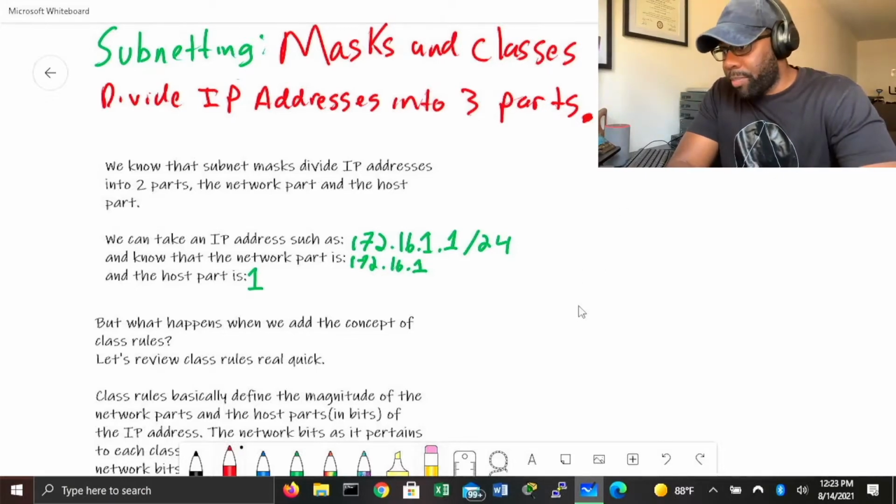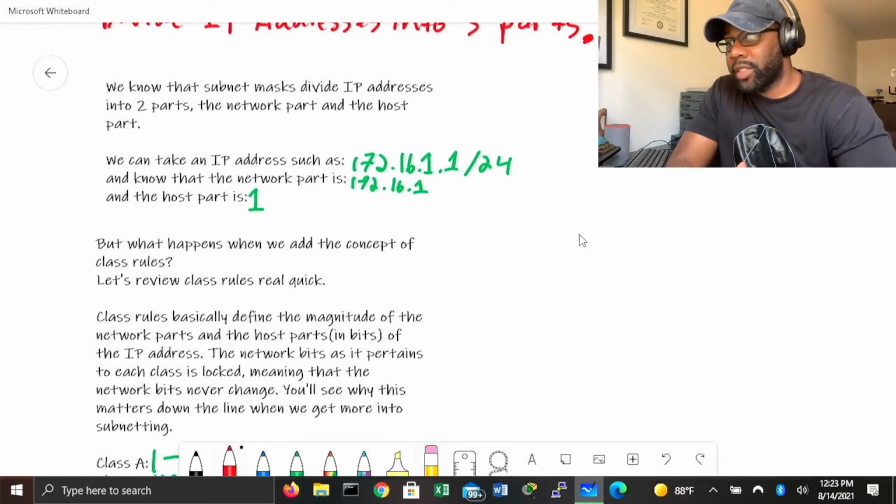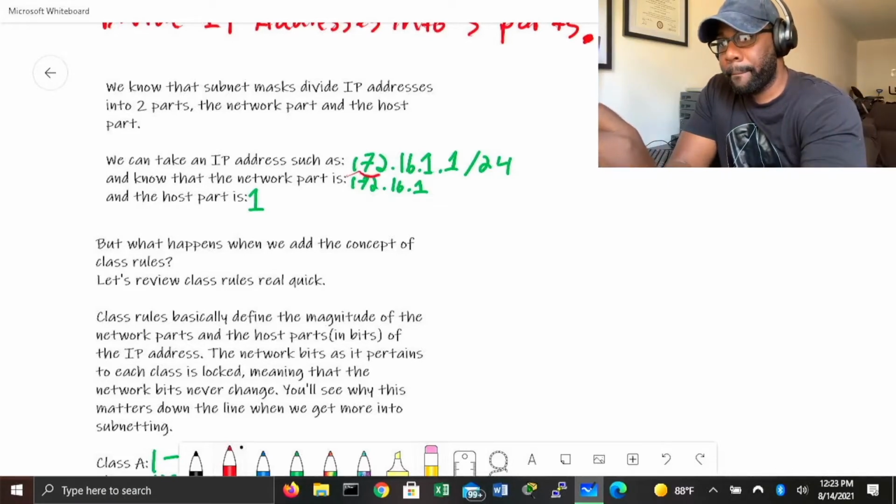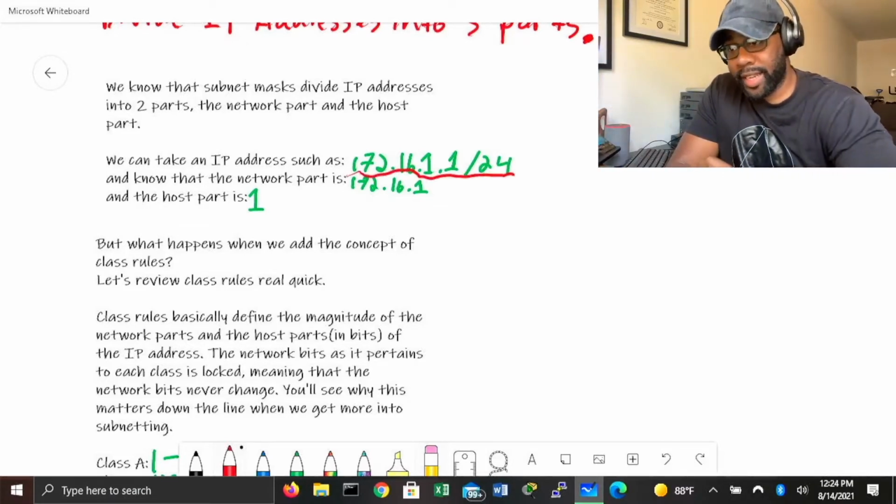Now, as per an example that we have here, we can take an IP address such as 172.16.1.1 with the slash mask of 24 and know that the network part is 172.16.1 and that the host part is 1, right?